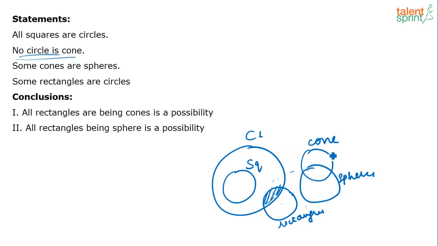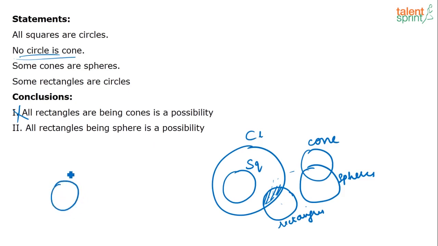Circle and cone are disjoint sets. So all rectangles being cones is not a possibility. So this conclusion does not follow. Now let us look at the next conclusion. All rectangles being sphere is a possibility. Look at that conclusion.